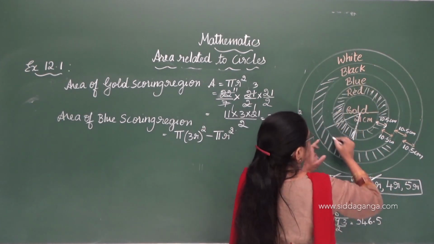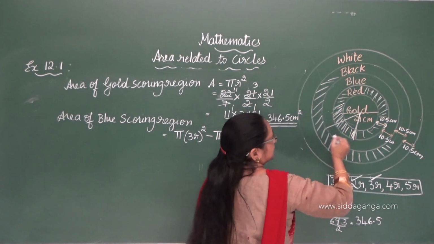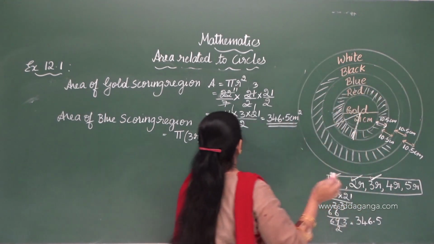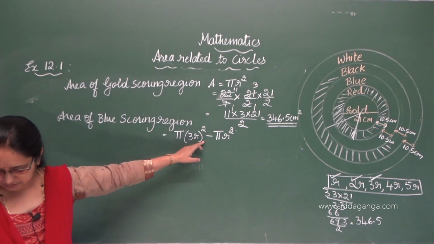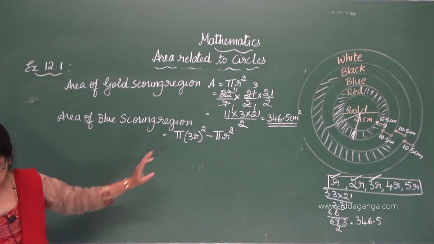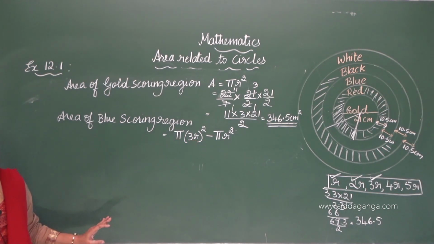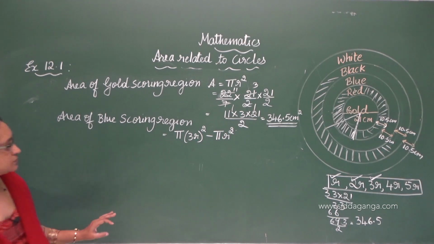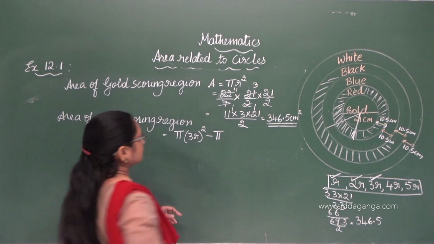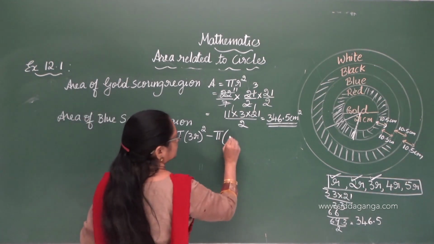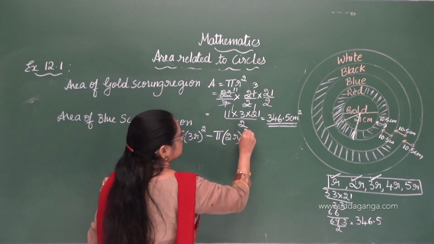So the bigger circle minus the smaller circle. Sorry, for the smaller circle we have to take 2r, so here we have to take (2r)². I hope you understood this.